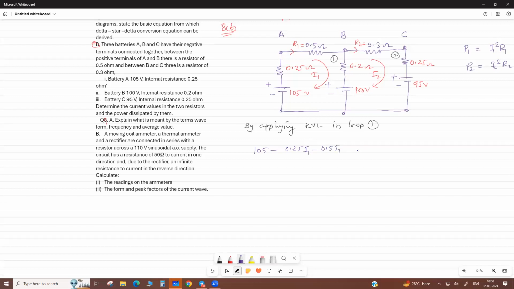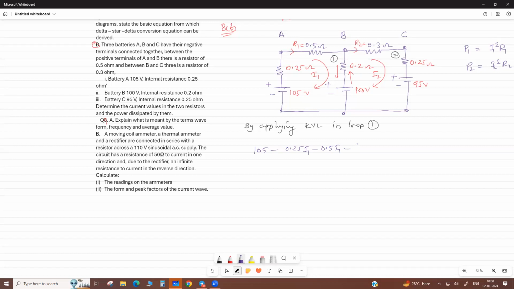Okay, now we come to here. First we complete this loop. Now in the 0.2 ohm resistance, there are two currents, one downward, the other upward. We are moving in the I1 direction, so we take the differential current, but the drop is always negative.